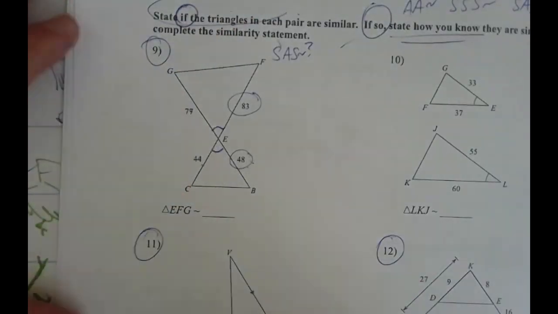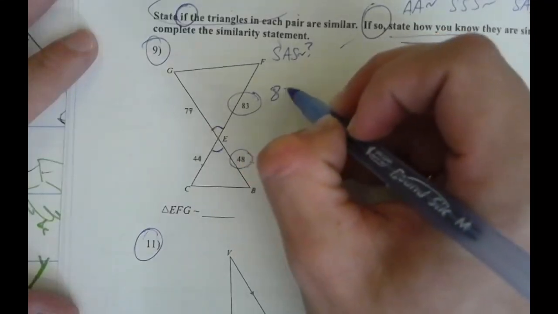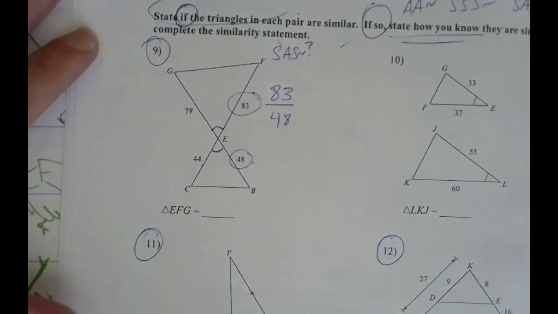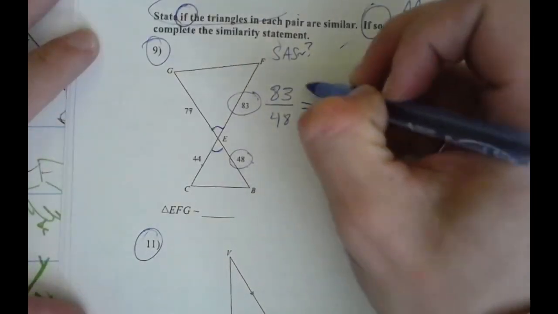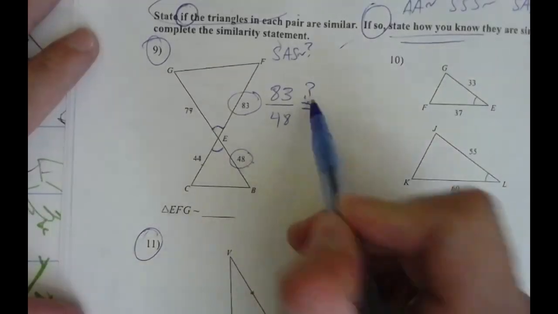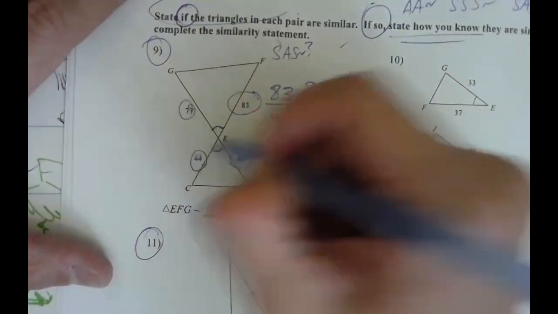So these two sides are worth comparing in our proportion. So I would say 83 over 48. And now I'm asking myself, is that the same as, I don't know yet. I'm writing equals, but I'm just testing it, so I'm putting a question mark. Is this really equal to 77 over 44?